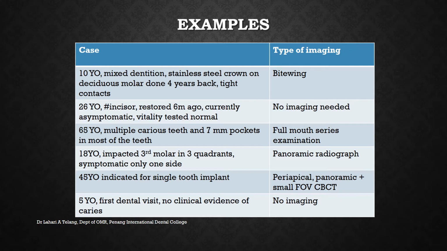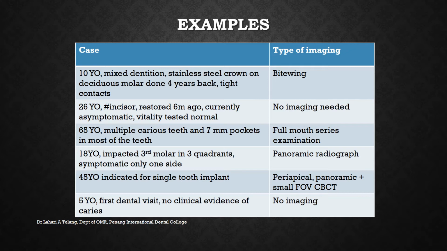A 45-year-old who's indicated for a single tooth implant. First, the radiograph to be taken would be a simple single periapical of that area, followed by a panoramic as a scout image or a screening image to see if there are any other abnormalities. Then a small field of view CBCT would be the ideal choice.